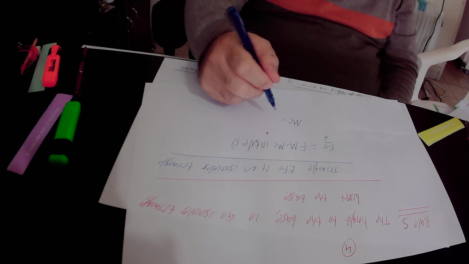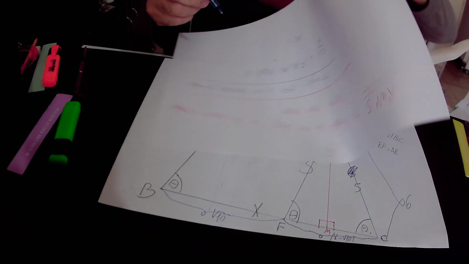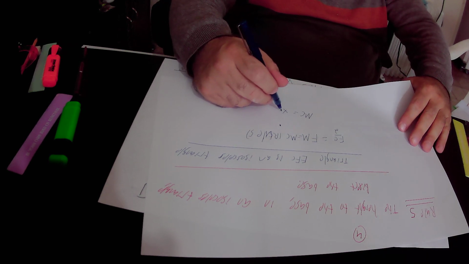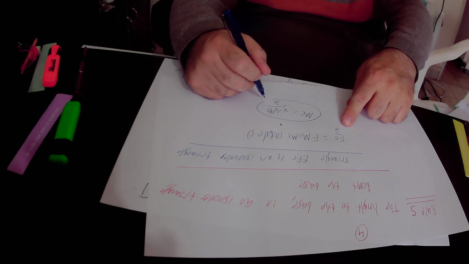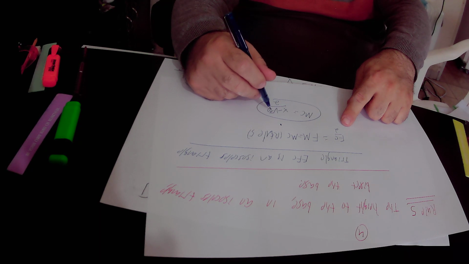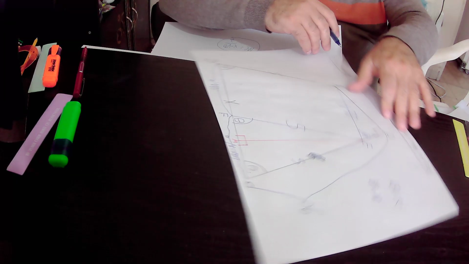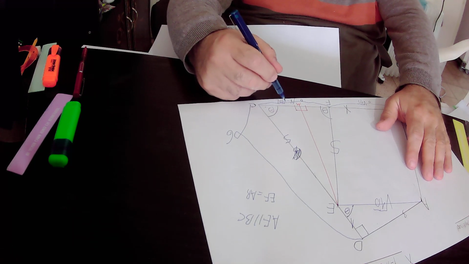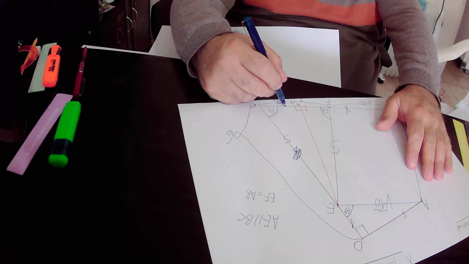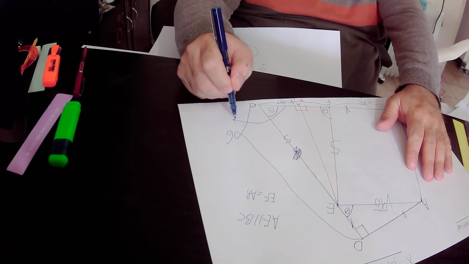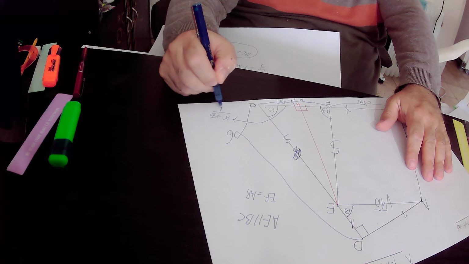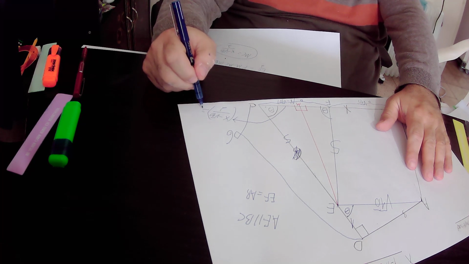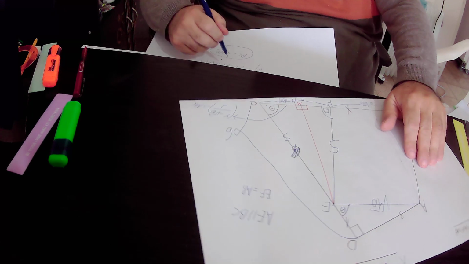So MC will be equal to x minus square root of 10 over 2, because it is FC over 2. This is the value of side MC.